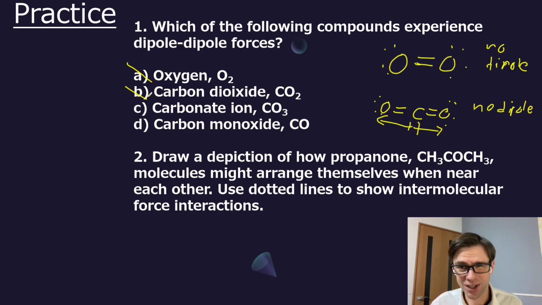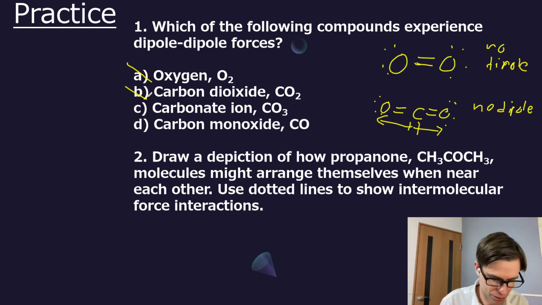Carbonate, CO3 2-. Oh, okay, this is a bit of a dirty question to give to some students because it depends, I think, whether you've studied HL or SL. The answer might be different. Since I'm doing an SL video here, I can show you generally this structure frozen in time could be considered to be polar. You've got negative charges near one side of the molecule, here and here.